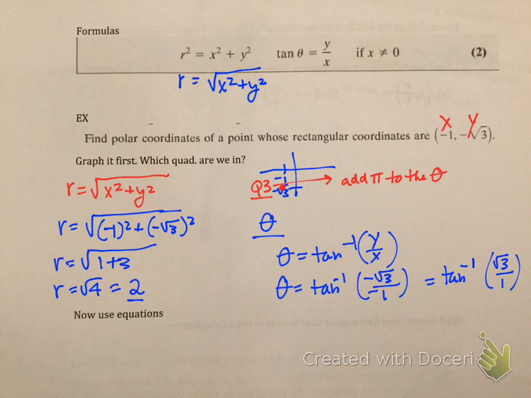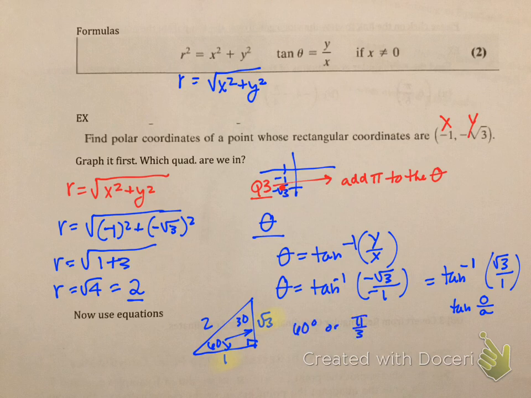So I can use my 30, 60, 90 triangle to find out what theta is. If I highlight what I want, radical 3 over 1, because remember tangent is opposite over adjacent. So opposite over adjacent gives me back 60 degrees, or pi over 3.